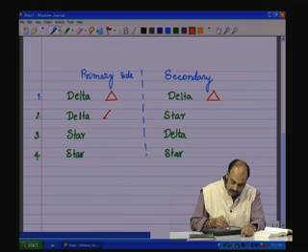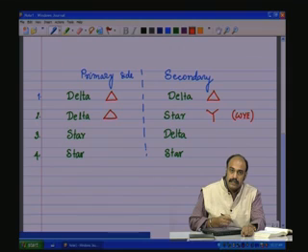We have a delta topology on the primary side, a star or a Y topology on the secondary side.